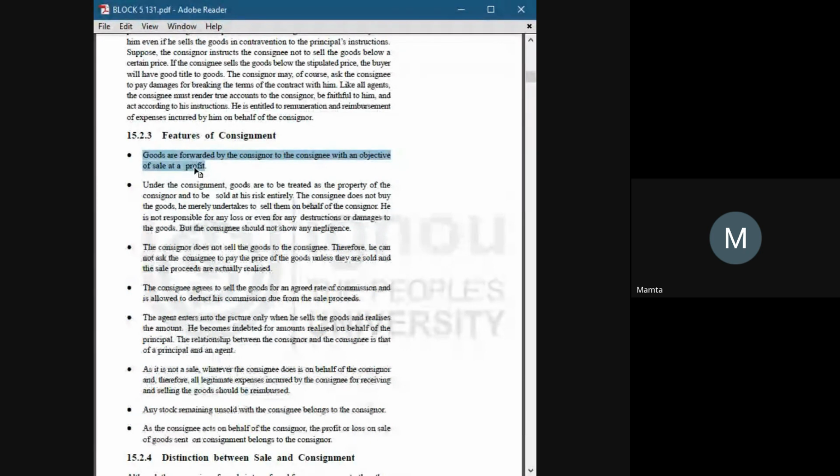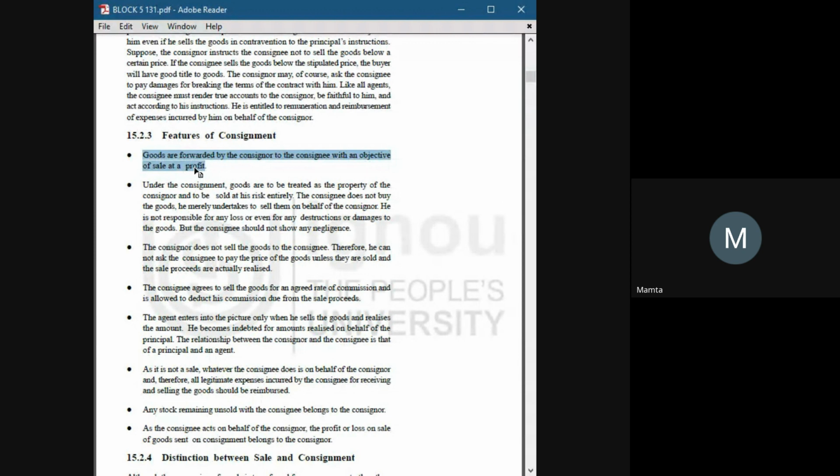The consignee doesn't buy the goods, he merely undertakes to sell them on behalf of the consignor. It means the consignee will not provide you the money, but will just sign the document and become your sales agent.